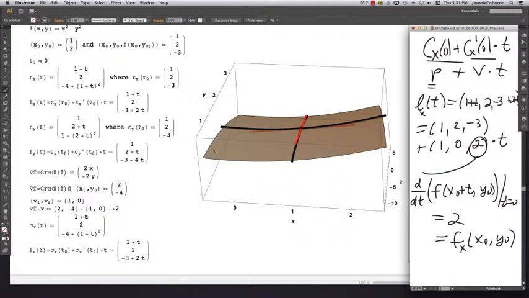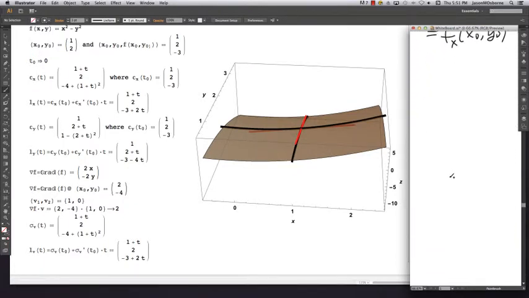Okay. Now, if we switch our focus to the other line here, you're going to have a curve in the y direction at time 0. You're going to take the derivative of that curve, evaluate at time 0 times t.